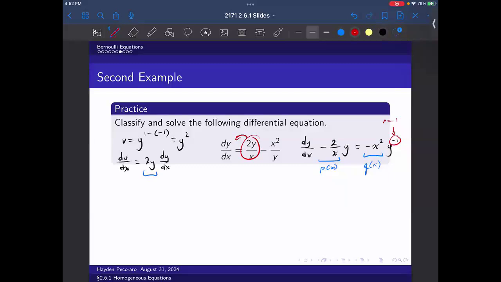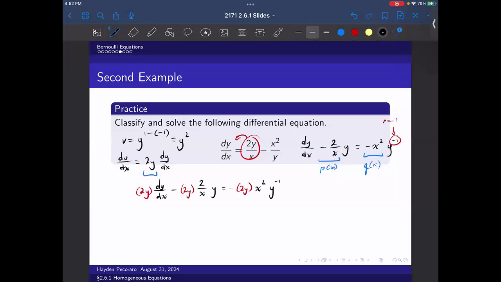Do that one more time. 2y times dy/dx, and then minus 2y times 2 over x times y equals minus 2y and then times x squared y to the minus 1.